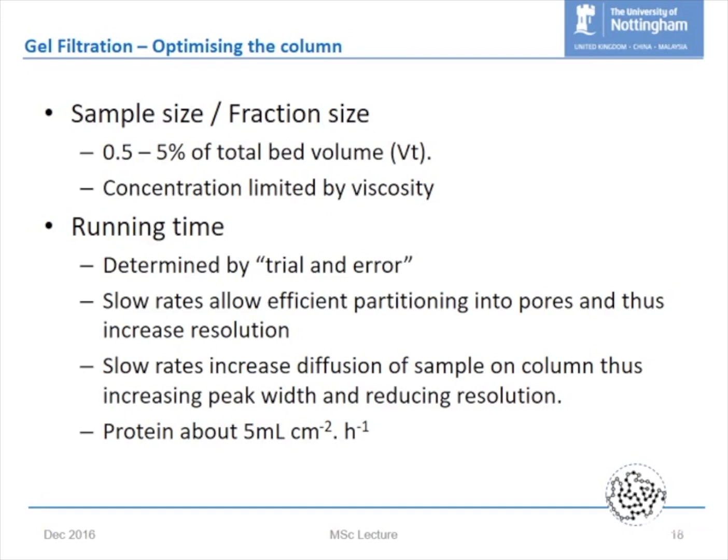The lower the flow, the more radial diffusion you get, the more interaction with the bed, which is a good thing. But the problem is if the flow is slow, peak broadening comes into play, diffusive effects come into play, and rather than the peaks being reasonably sharp, they're quite broad.